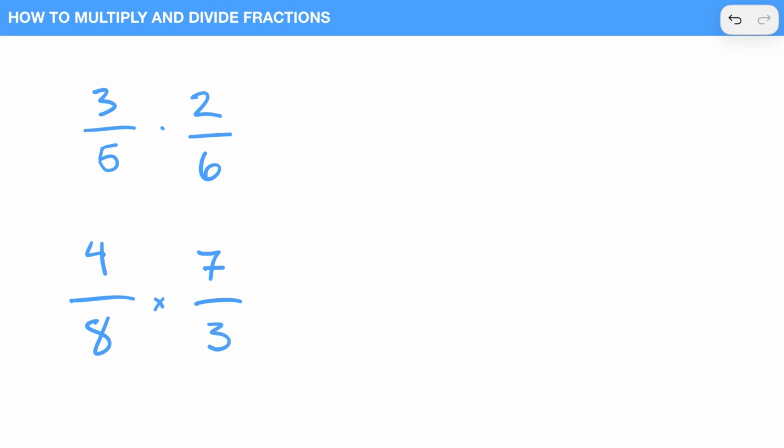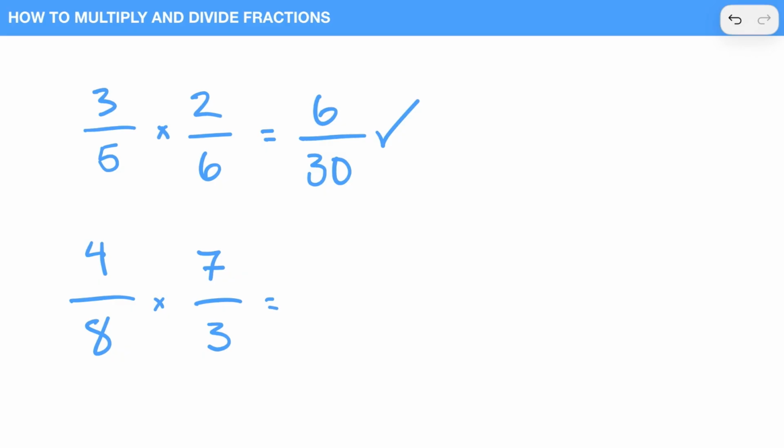Let's consider maybe 3/5 times 2/6 and 4/8 times 7/3. What would these be? Well, we're just gonna repeat that process, multiply across the top and the bottom. 3 times 2 is 6, 5 times 6 is 30, and that's our answer.